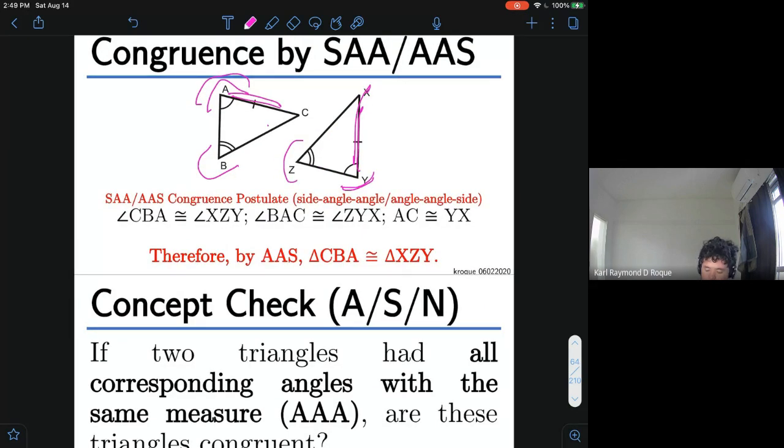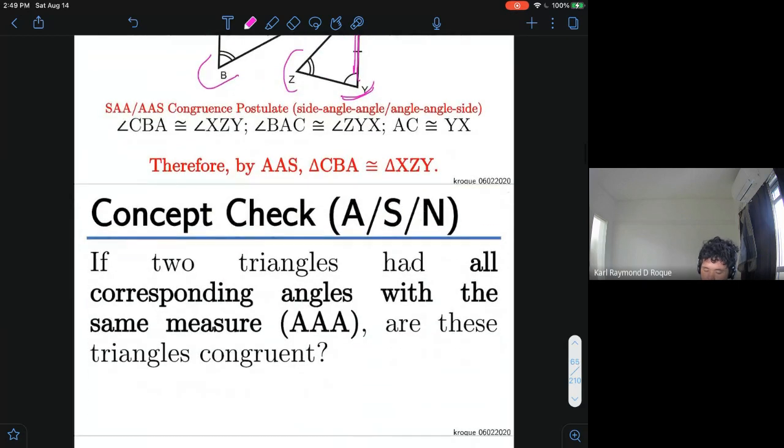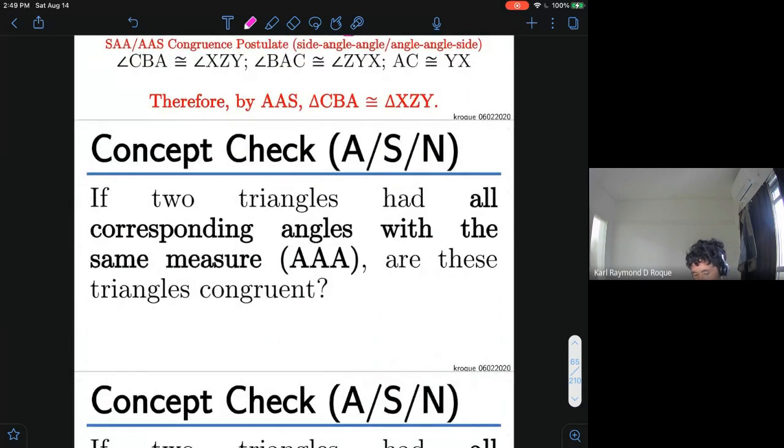Okay? Next. Concept check. If two triangles had all corresponding angles of the same measure, are these triangles congruent? Always, sometimes, never. What do you guys think? Tama, sometimes.